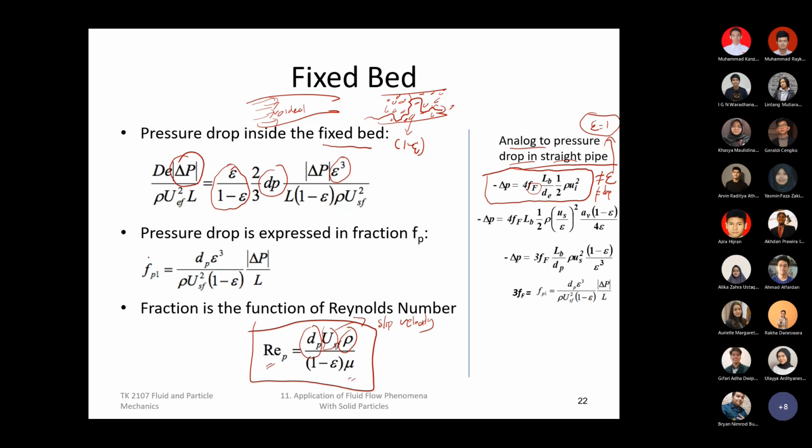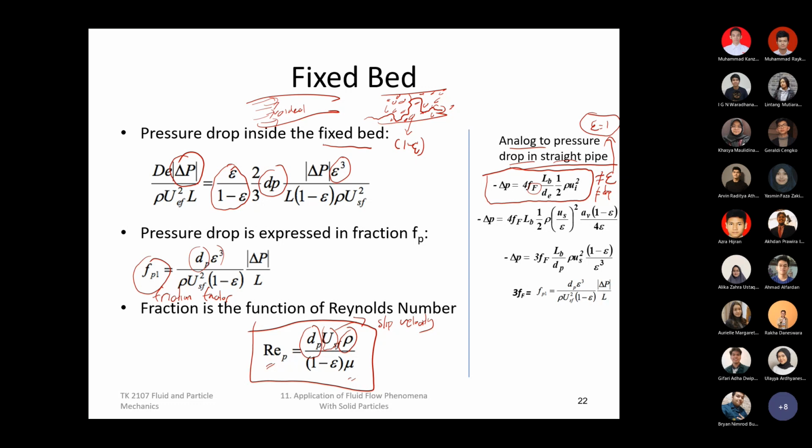So you still need to find the F, the friction factor. The friction factor is expressed as dp epsilon cubed per rho u square (1 minus epsilon) times delta p per L. So that's the final derivation that is readily used for the calculation.